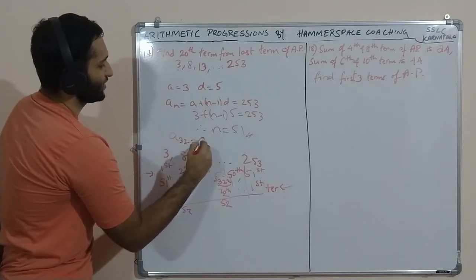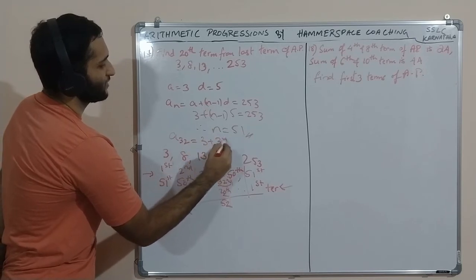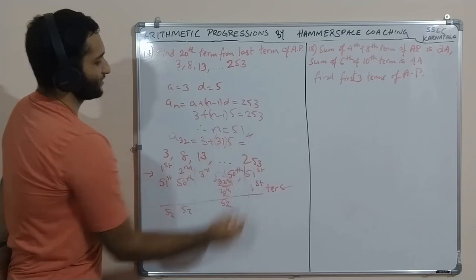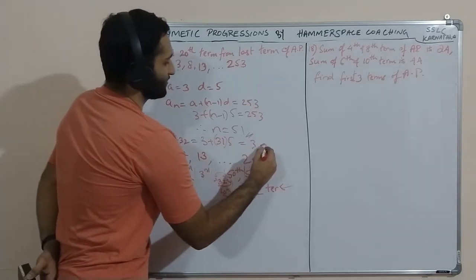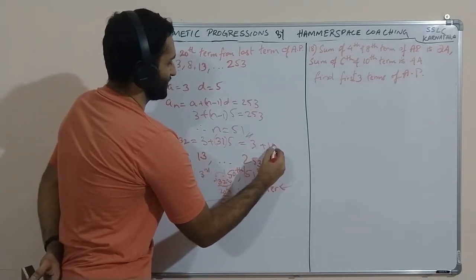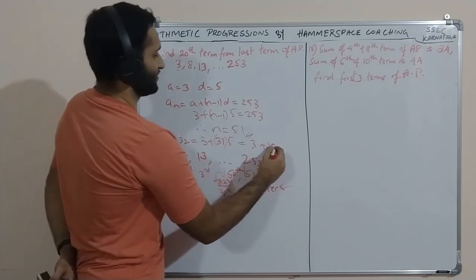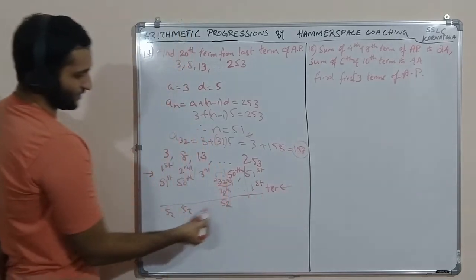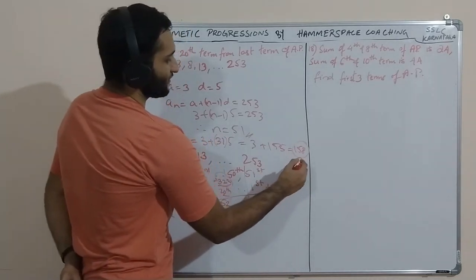A32 is A plus 31, that is 32 minus 1, into 5. That is equal to 3 plus 155, which is 158. So the 20th term from behind is equal to 158.